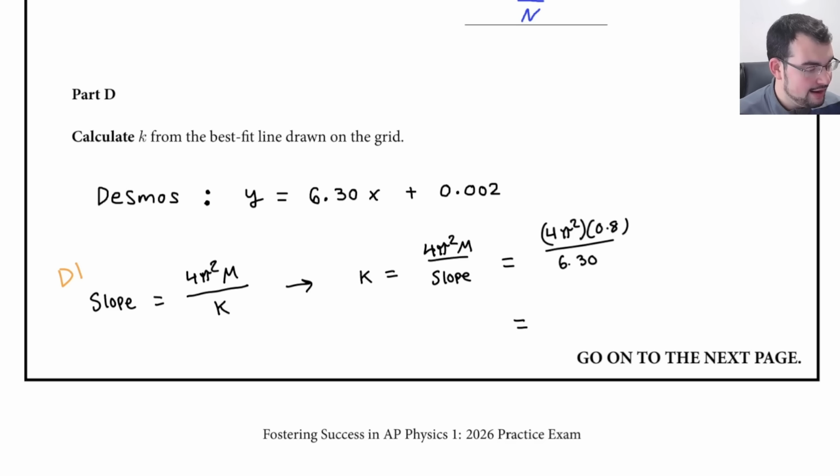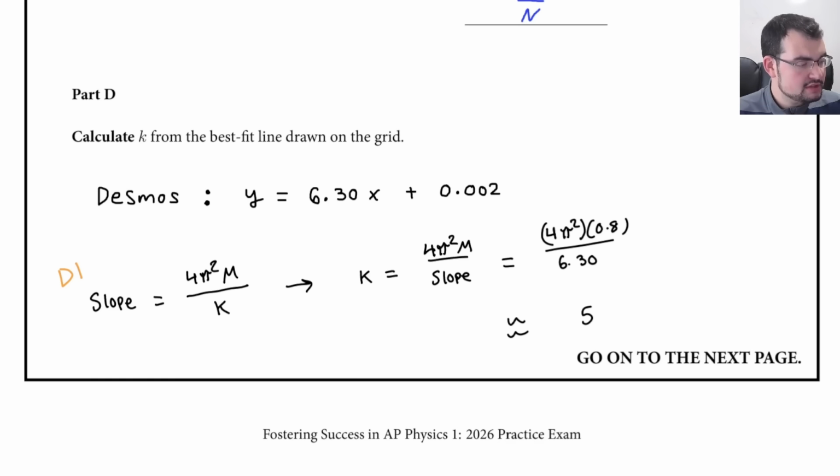And if we work that out, pi squared is about 9, then 0.8. I'm not going to pretend I didn't do this before. I don't know how I do this mentally, but typing it in, you're going to get pretty close to 5.